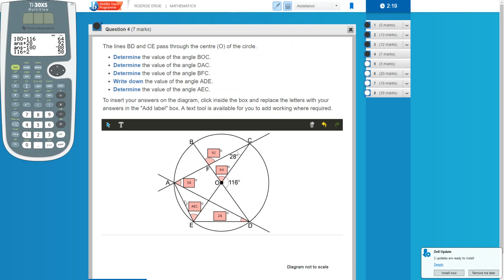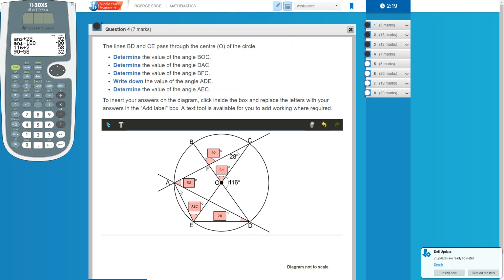A line through the diameter with two chords meeting at the circumference will meet at 90 degrees. So that's 90 degrees, so 90 take away 58. So that means this angle is 32.